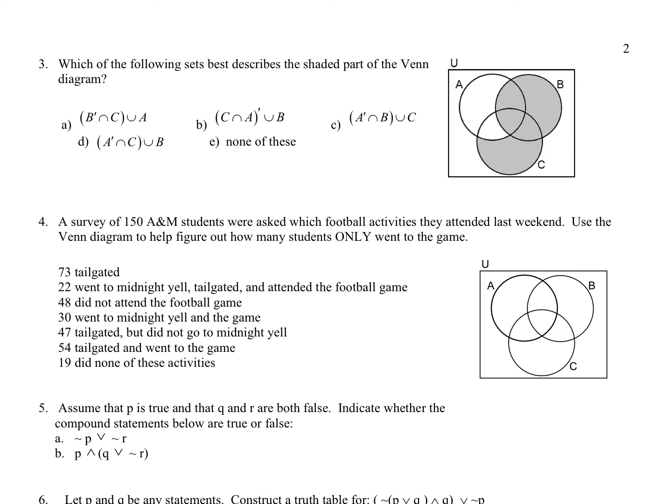Not B intersect C. So I'm going to use the Venn diagram below that's empty to kind of color in so that I can try to get an idea for what these look like. To me, that's easier. So not B would be everything that's outside of the circle B. So I can start by coloring all of that in.